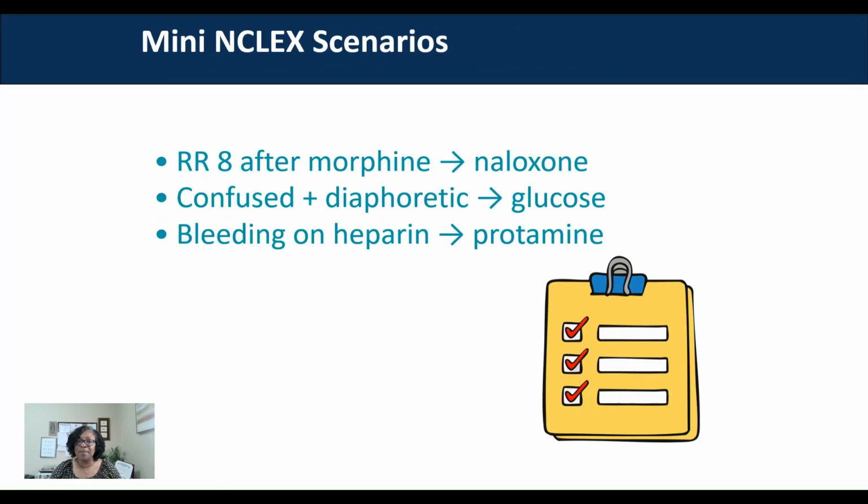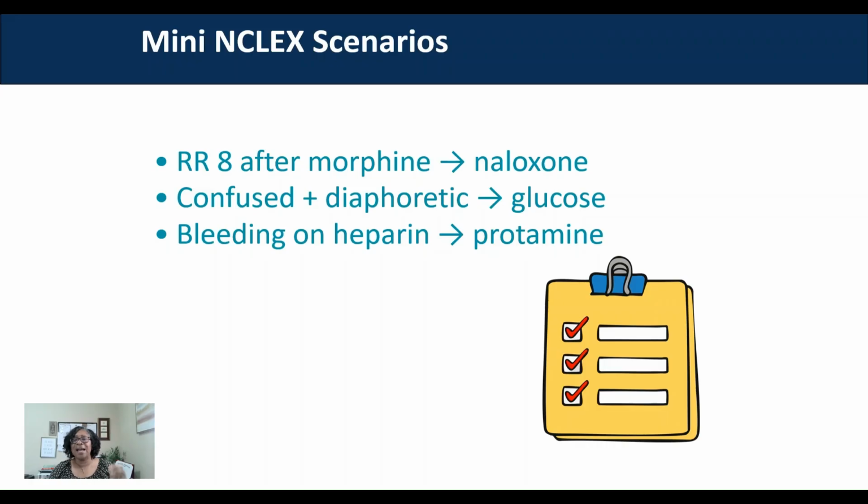So let's just do some mini scenarios. Like I said, it's the same drugs that you're going to see on the unit, and that's why I keep talking about them over and over again. Scenario number one, patient receiving morphine, respiratory rate of 8, and is unresponsive. So the problem is going to be respiratory depression. That's what you're going to be concerned about, and you're going to administer naloxone. Number two, a patient is on insulin.